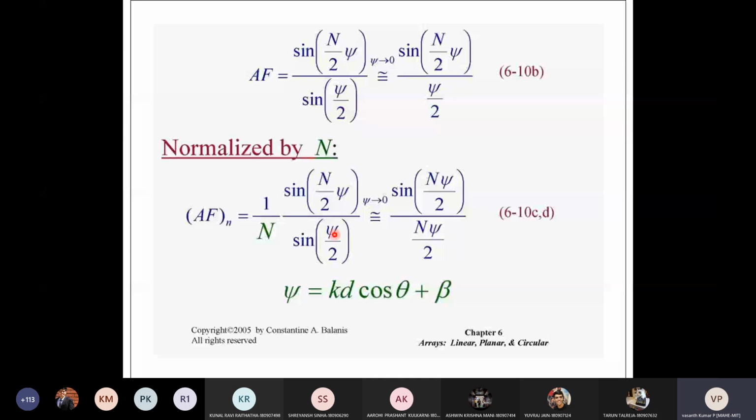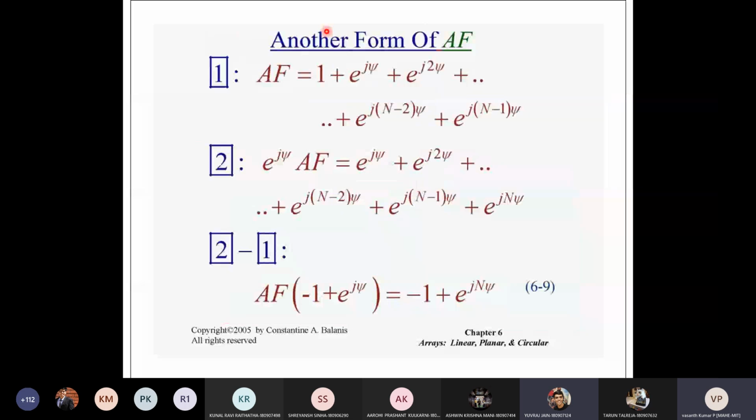Now normalized means what? Dividing the array factor by its maximum value. What is the maximum value of this array factor? How to find out? Sir, it can be infinity. No, see, I'll tell you how to find it.